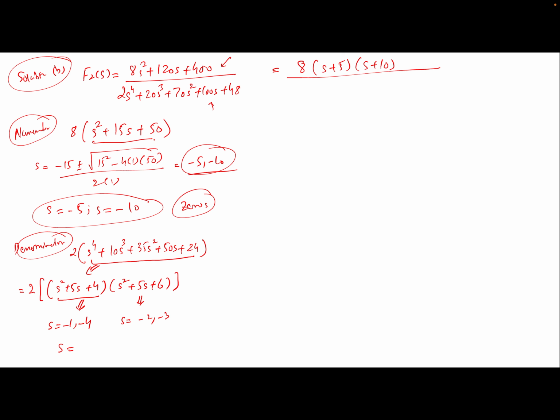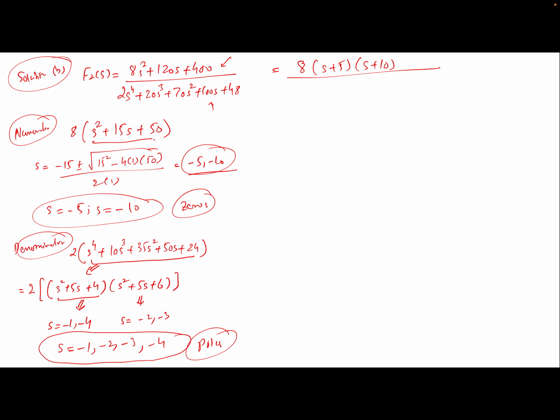So minus 1, minus 2, minus 3, minus 4 are all poles. Okay, nice. So I got these 4 roots, and these are the poles, so I can put them in the denominator.